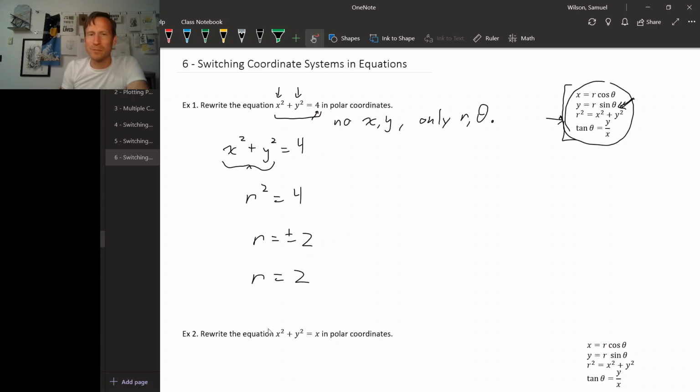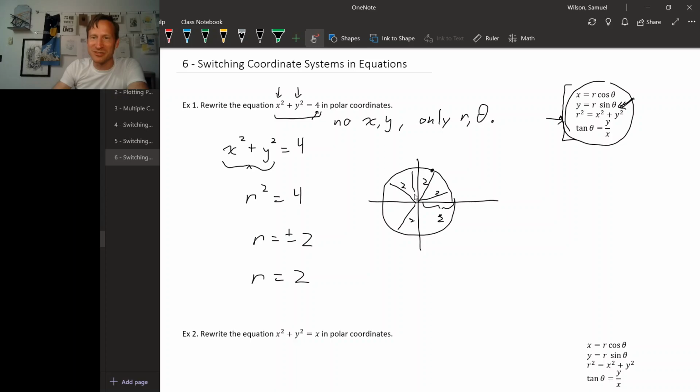So r equals 2. If you think about it, from what you know about circles, this particular equation makes perfect sense. Because if you draw a circle centered at the origin with radius 2, so something like this, right? Every point on this circle is 2 units from the origin. That's what makes the radius of the circle 2.